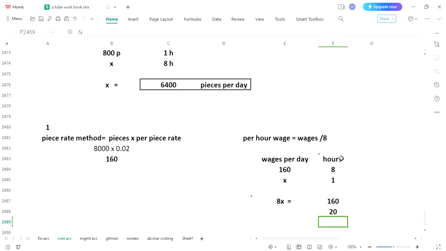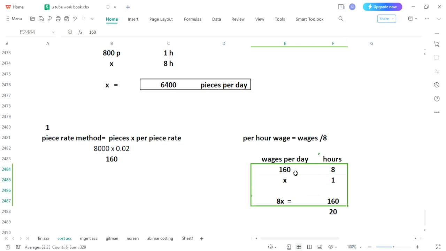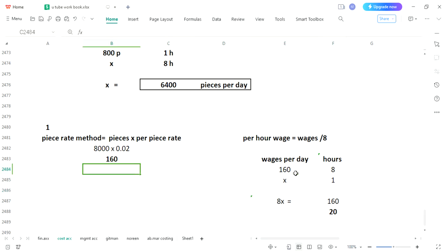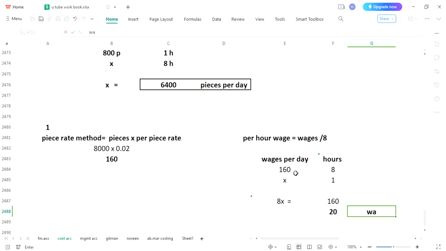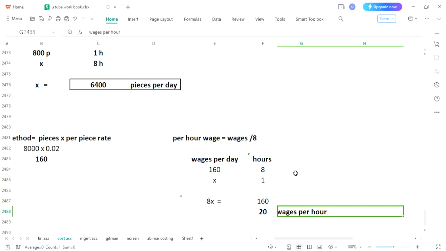So the same formula I have written over here, but demonstrated as well at this stage. In this way, per piece rate we have calculated, and per hour wage is also calculated. This is what wages per hour. Alright, both answers we have seen and calculated, and we can match them as well.